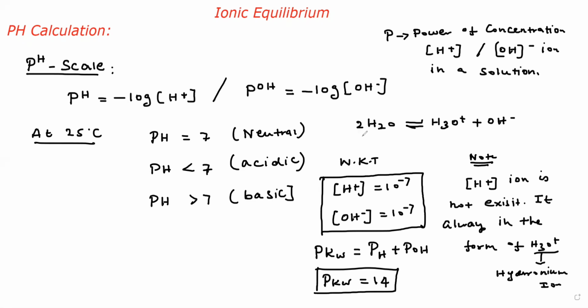Now I'm going to discuss how to find out the pH of strong acid, strong base, weak acid and weak base. In this video, the two cases I'm going to discuss now.